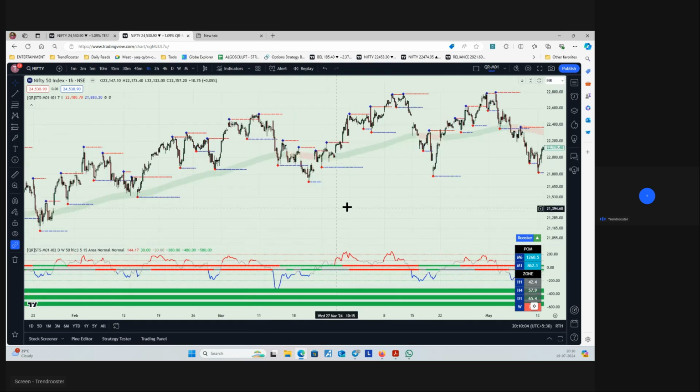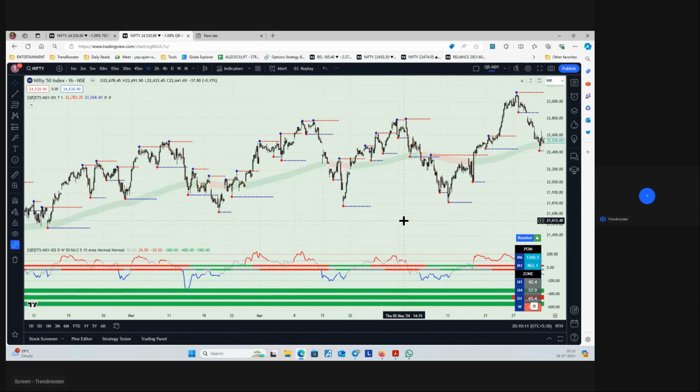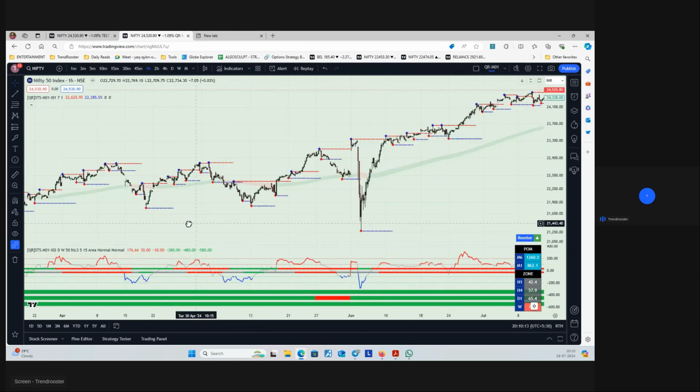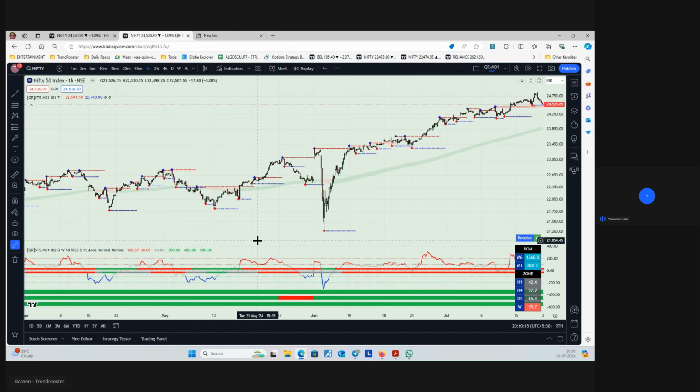Okay, so now let's move on to the new update. I wanted to explain why this setup works. This is actually the concept, a framework. It is the Elder's triple screen system. So let's move on to the Elder's triple screen system. Why the system works? This system has worked since 1980.